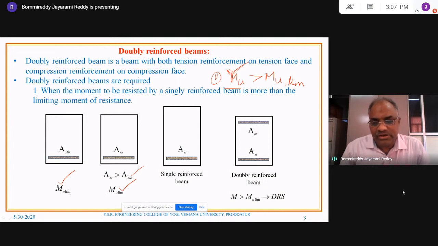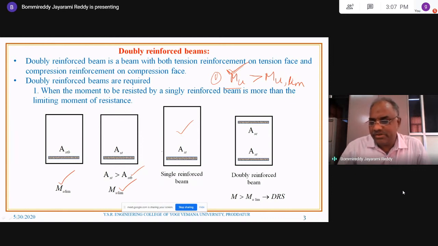So what are the other alternatives? The other alternative is to increase the size of the section. If we increase the size of the section, the compressive resistance contribution of concrete is more, tensile resistance is also more, and the moment carrying capacity of this beam will be more. You can observe from the first two diagrams that the size will be more. This is one option.